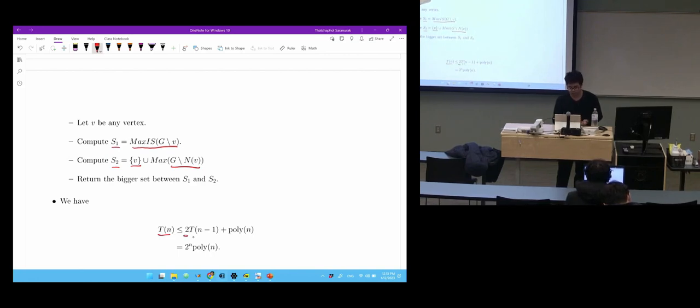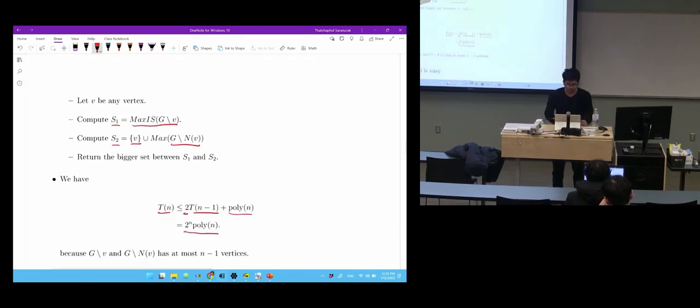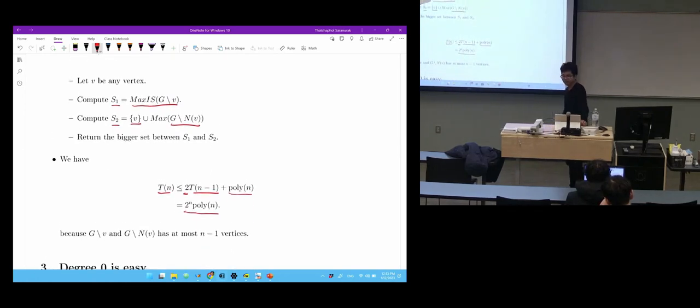And no matter what, you're going to recurse on a graph that has size at most n minus 1 because you throw away V. And the time outside recursion is linear or poly(n). And when you solve this equation, you get basically 2 to the n times poly(n). You can solve this by unfolding the equation, you get 2 to the n. This is easy to see. Okay.